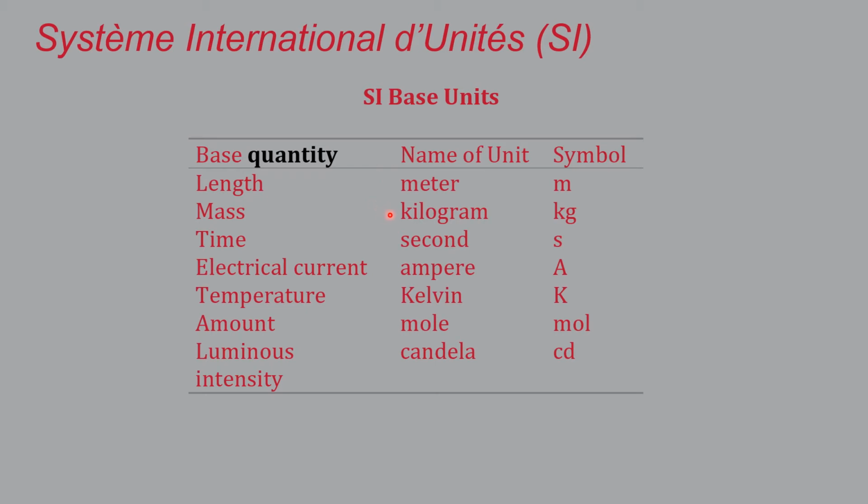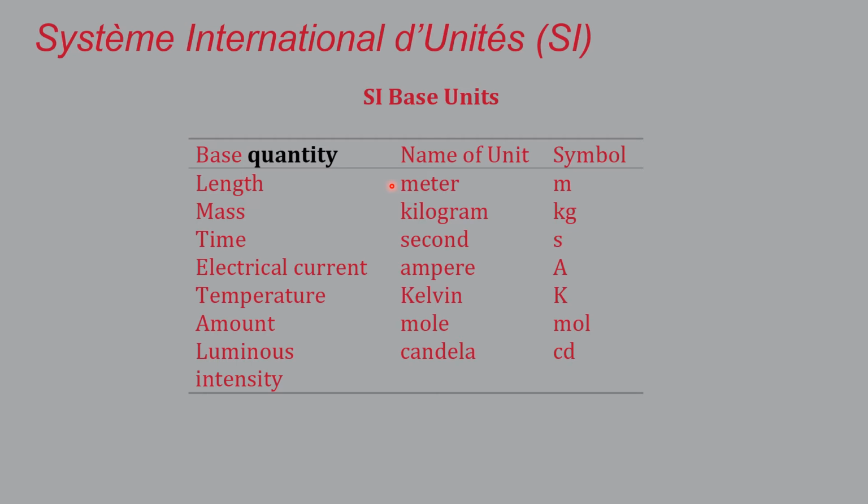In France, in a very secure vault, there is a block of a very rare platinum iridium alloy, and the mass of that block is the kilogram. People would come there and compare the mass of their standard block to that one, so then they knew what a kilogram was, and they could bring it home. There's an official United States kilogram that is based on a match to the French one. In that same vault, very close to it, there is a rod of that same platinum iridium alloy.